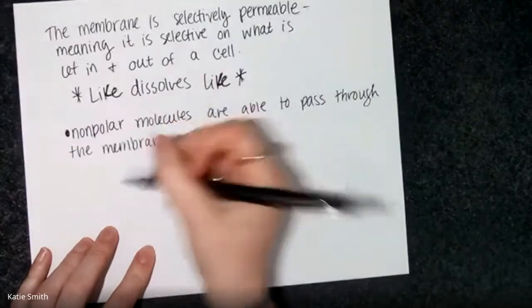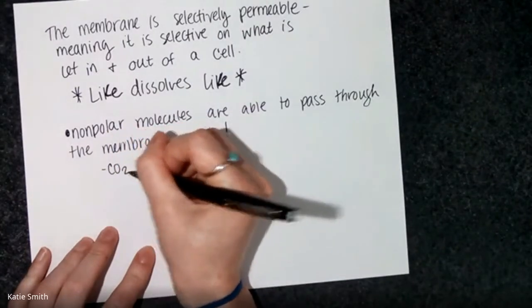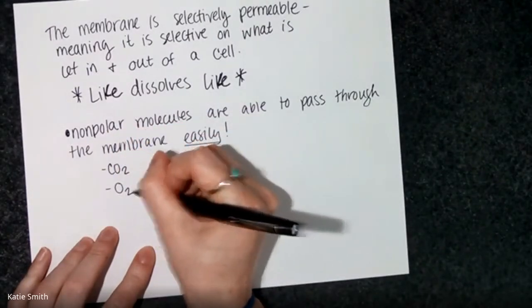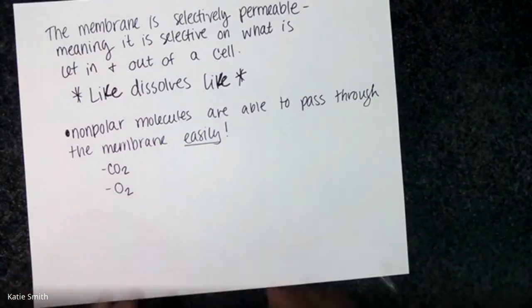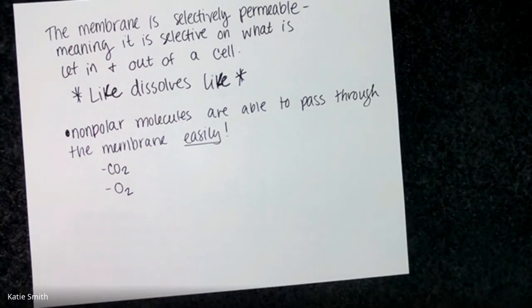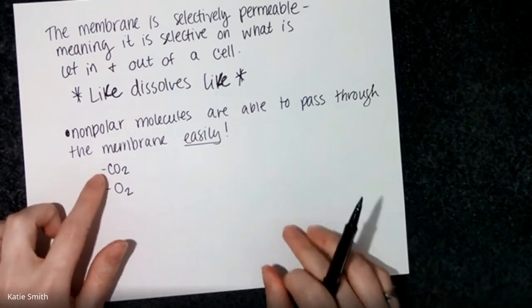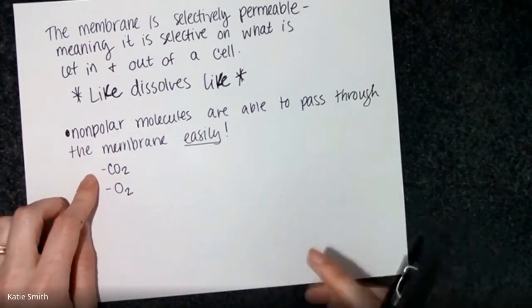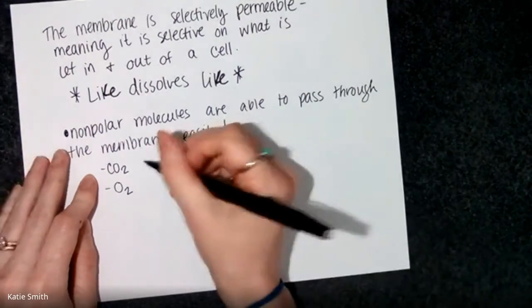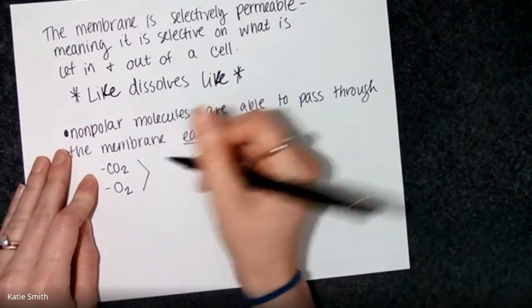So things like CO2, O2. These are really easy to pass through because they are not reacting with those hydrophobic portions of the tail. They're not being repelled by those. You might think, well, what about water? We'll talk about water in a second. So these nonpolar molecules, they don't need any sort of channel. They don't need any sort of protein. They don't need anything to move out and into the cell.